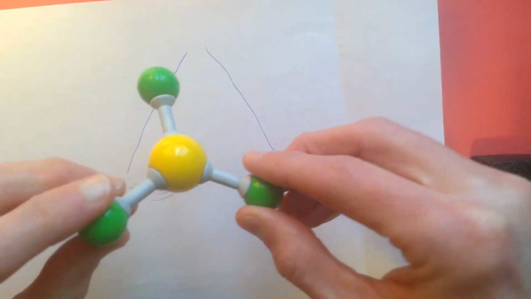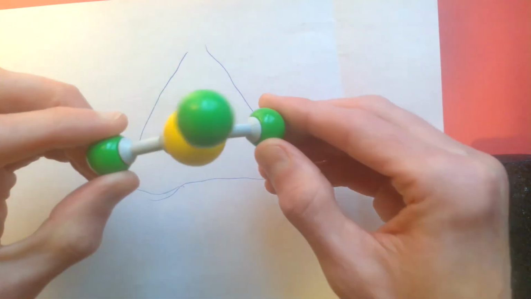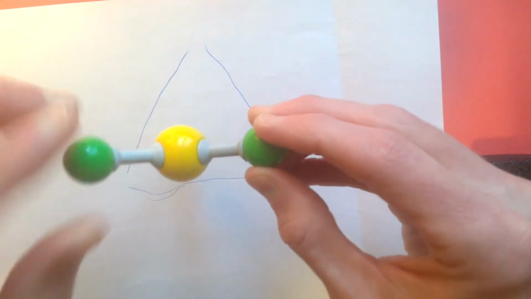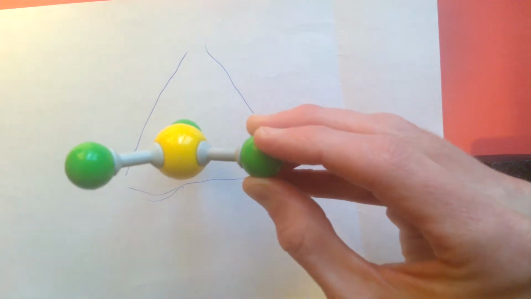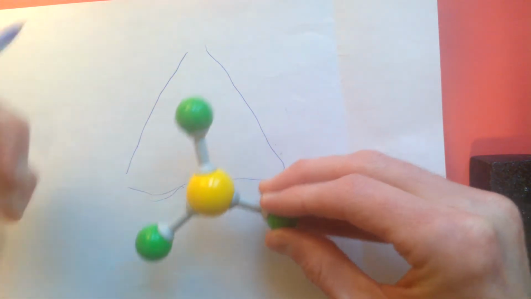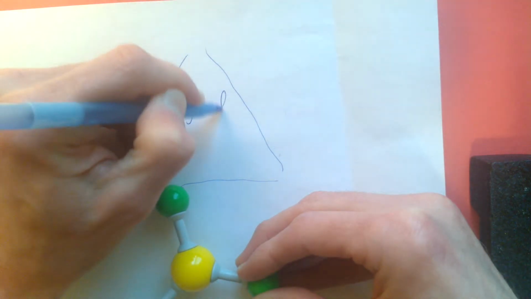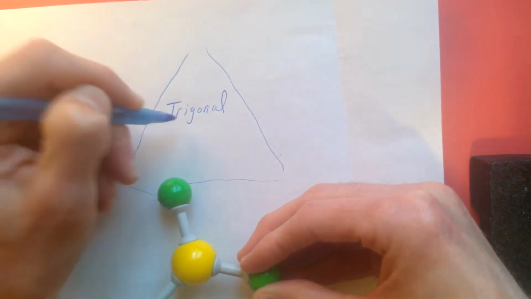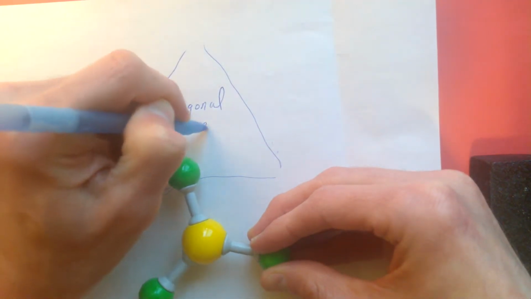Now, as I rotate the model, notice how the three bonded atoms are all in the same plane. They're flat. See how they're flat? This geometry is called trigonal planar. Think of triangle, planar.